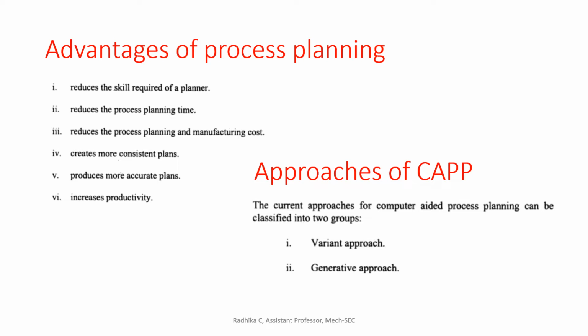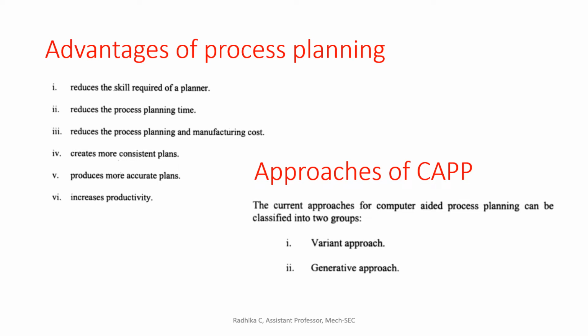Based on the features of the given part, the program automatically generates a sequence of manufacturing operations. The automated process planning provides the opportunity to generate production routines which are rational, consistent, and perhaps even optimal.